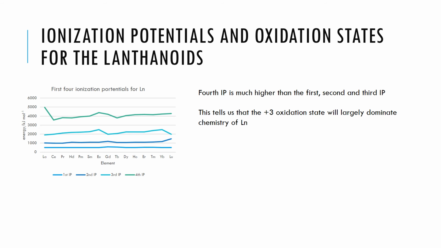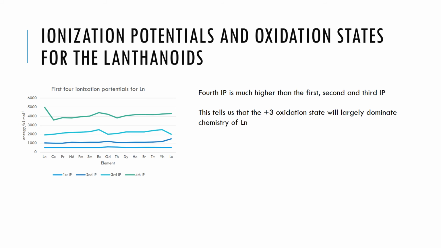Now we can compare the fourth ionization potential against the rest of them, the first, second and third ionization potential. What you can see is that the fourth ionization potential is much higher than the first, second and third. And I think in all cases, it's actually higher than the first, second and third added together.